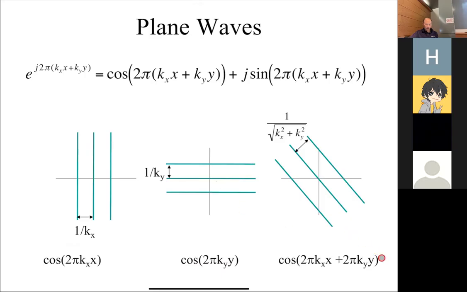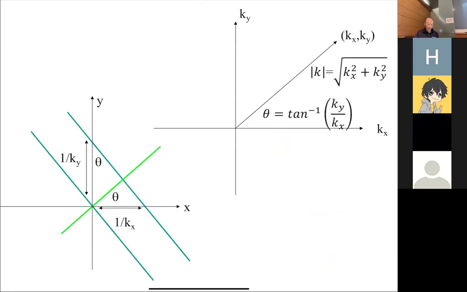And then the key is if I have both kx and ky, now I'm going to have variation in both the x direction and the y direction. It turns out the period now has a slightly more complicated relationship, but it's just a Pythagorean theorem relationship, so you can remember it pretty easily. This just goes through the math behind how you would derive that.